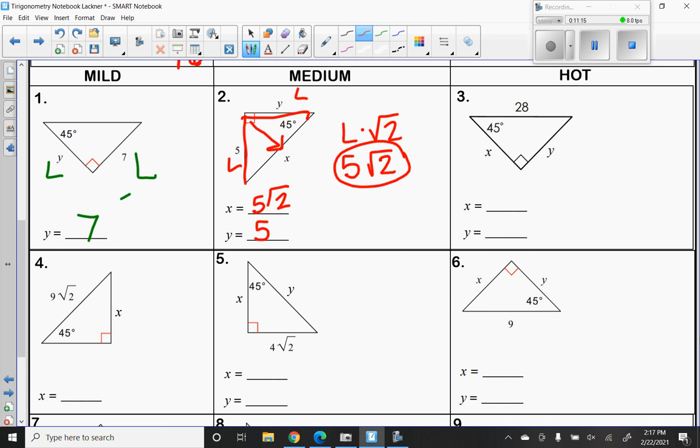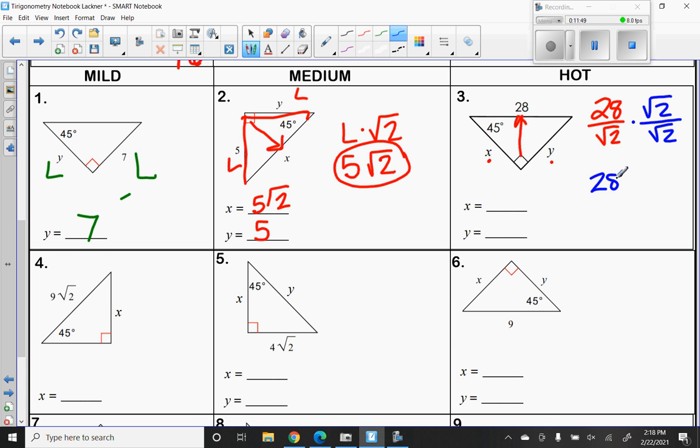Here is our first hot problem. I have a hypo because it's across the right angle. I want to find a leg. What's nice about this is once I find this leg, I'll have both legs because they're equal. It says to take your hypo and divide it by radical 2 to get a leg. Remember how we do this? We're going to multiply by 1. Okay.